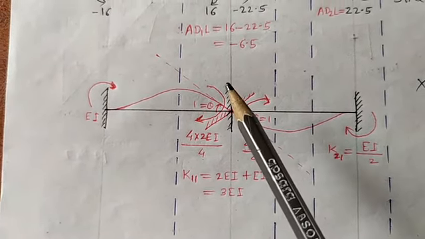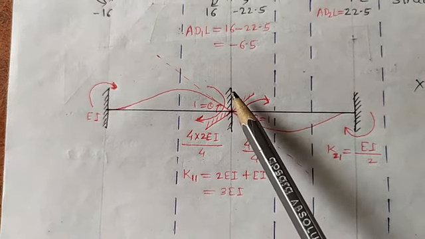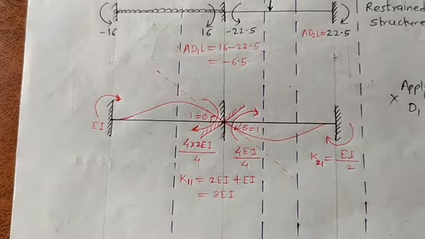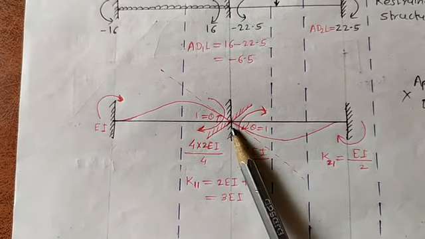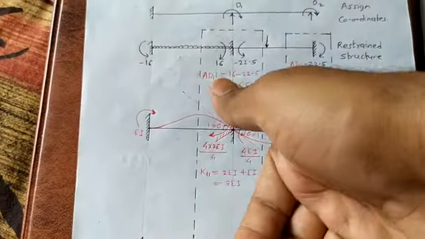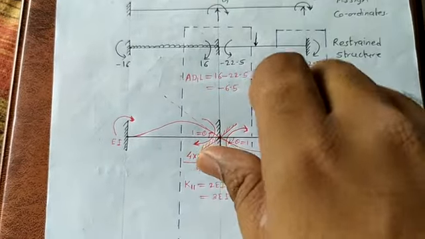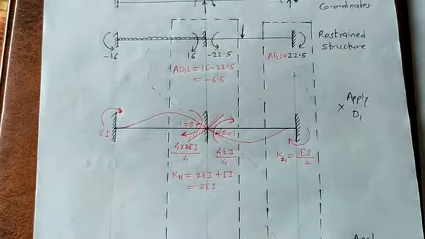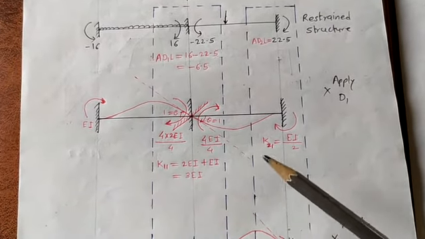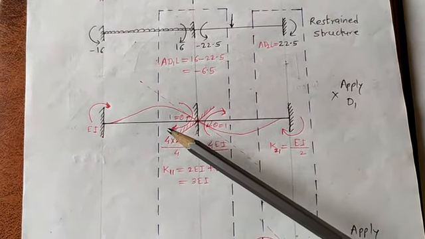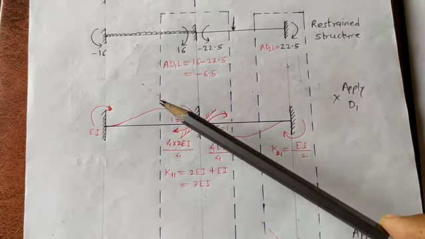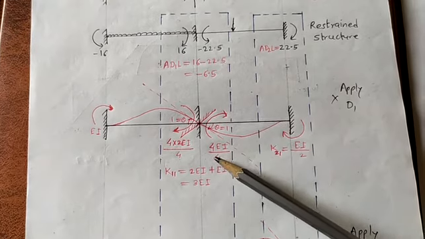D1 is applied at joint B. We forcefully pick joint B and rotate it in a clockwise direction. Because of this rotation, member AB is getting lifted up and BC is going down.